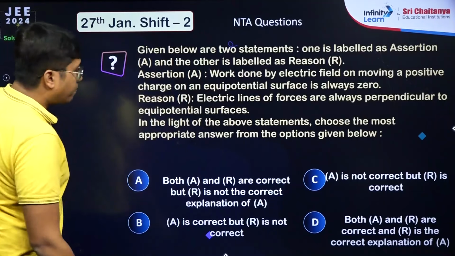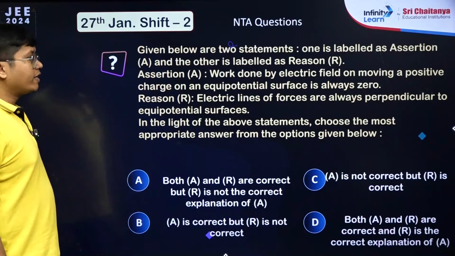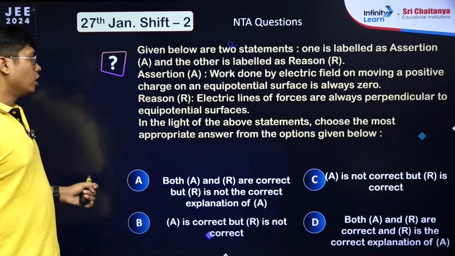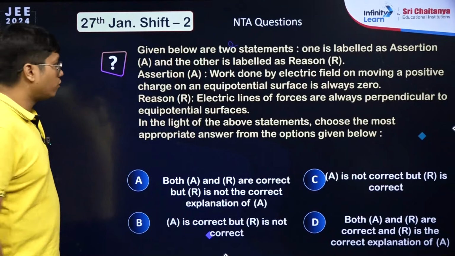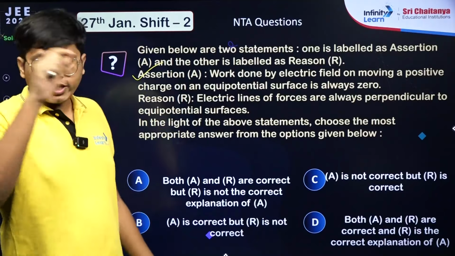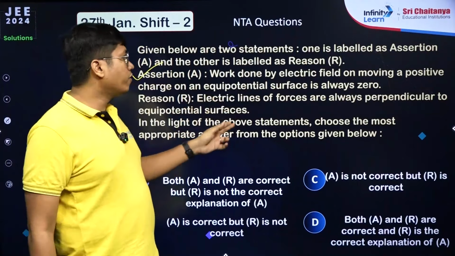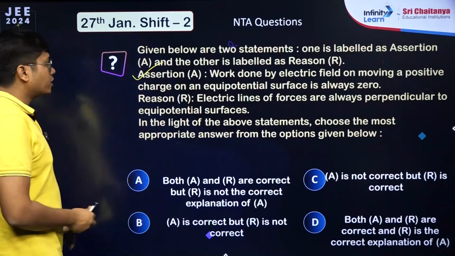Next question. Two statements. One is labeled as assertion. So first one, work done by electric field on a moving positive charge on an equipotential surface is always 0. That is true because it is an equipotential surface, so the potential is same at all points. Second, electric lines of force are always perpendicular to the equipotential surface.